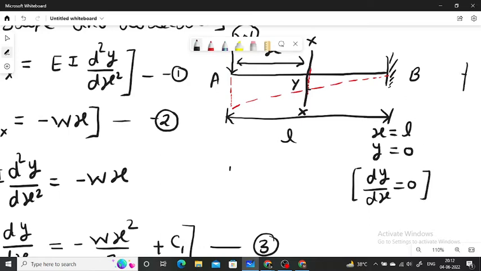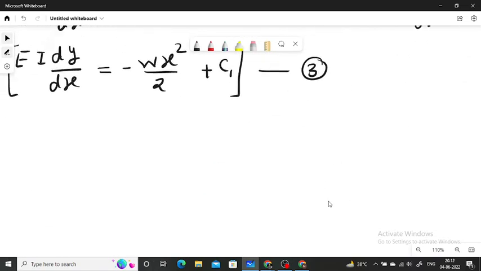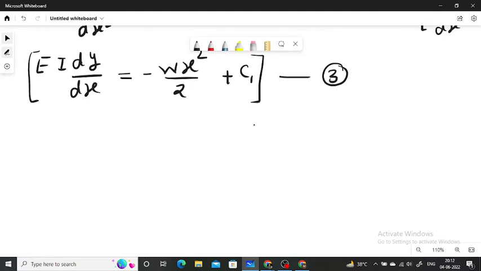And at a fixed point, the slope as well as the deflection of the beam is 0. So using this end condition, at x is equal to L, dy by dx is equal to 0.